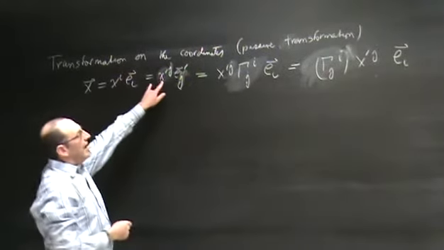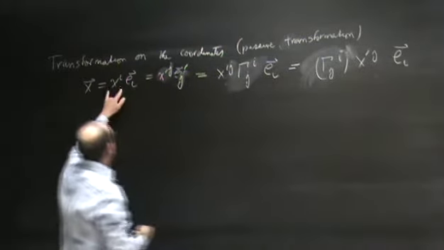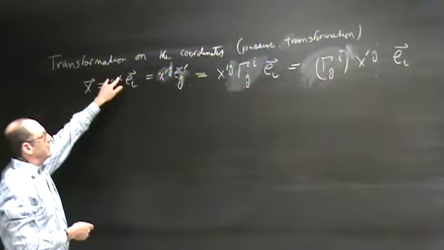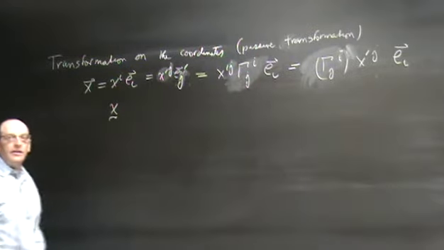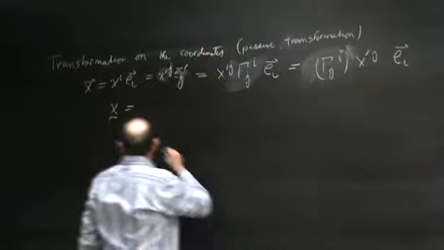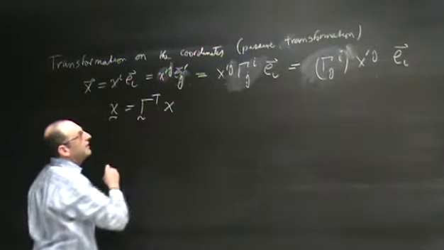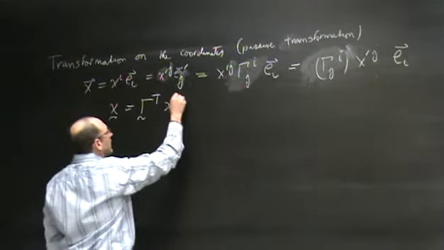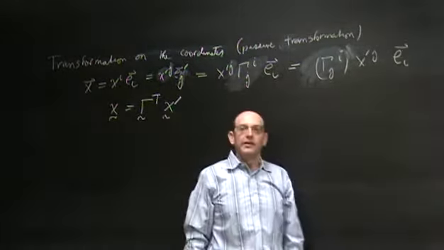But I can now see this as a matrix equation: the column vector, which I'll call x tilde, is equal to the transpose of this matrix multiplied by the column vector of the prime coordinates.